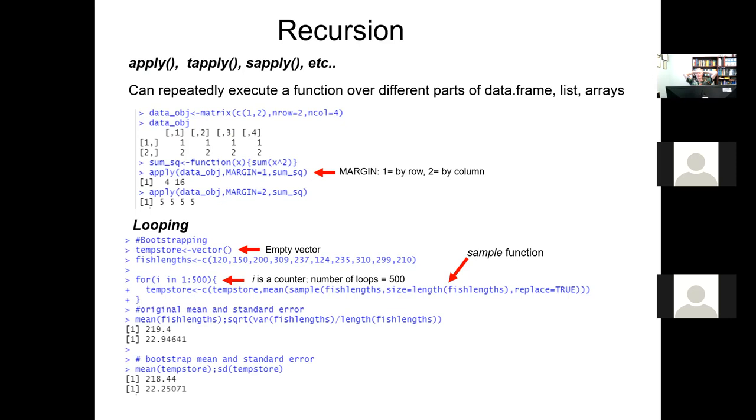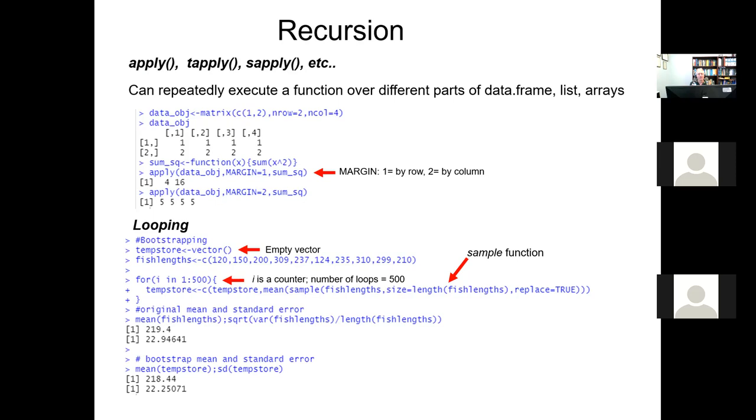In normal programming, like in C++, there are for loops and do loops, where you sandwich code within those statements to repeatedly apply what's within the code. You can do stuff like that in R, where you can take a function and apply it to different parts of a data frame, for example.